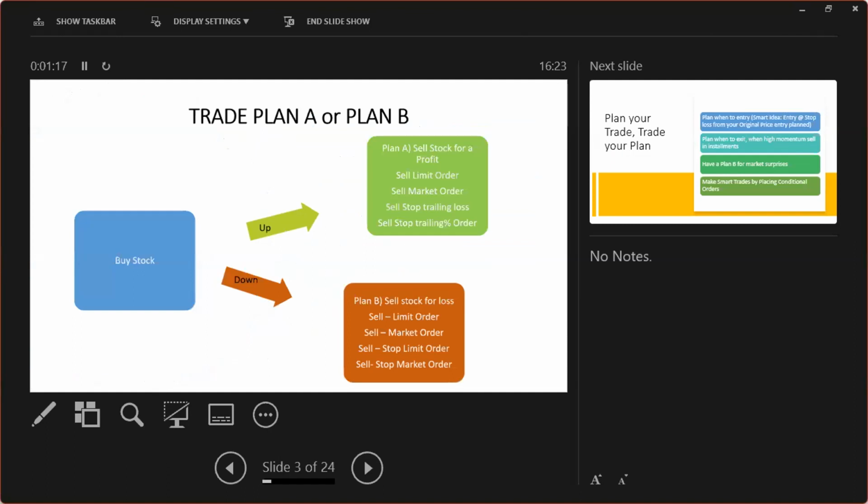Some of the jargons you can see, but I wanted to highlight one thing here. Every time you trade, make sure you always look at what is my buy limit order. Say I am trying to buy Apple stock, and I wanted to buy it at 160. You need to make your trade plan. So what is a trade plan? I'm buying at 160 and I wanted to sell it at 180.